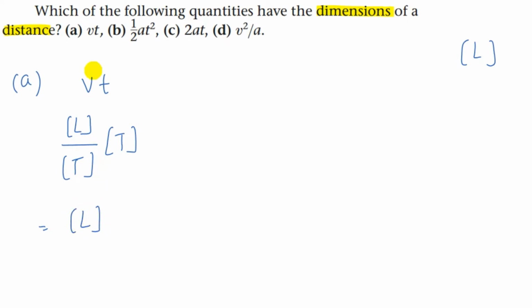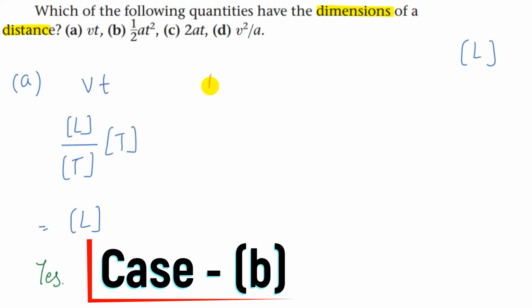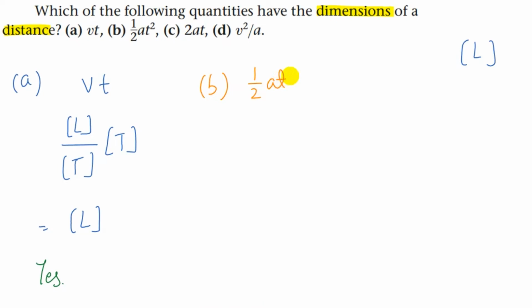Therefore, the dimension for the first quantity is L, which is the dimension for distance. So yes, this is correct. We can write yes, it has the dimension of a distance. Now next we can discuss the B part, which is 1 over 2 a t square. Now here 1 over 2 doesn't have any dimension, so as it is.